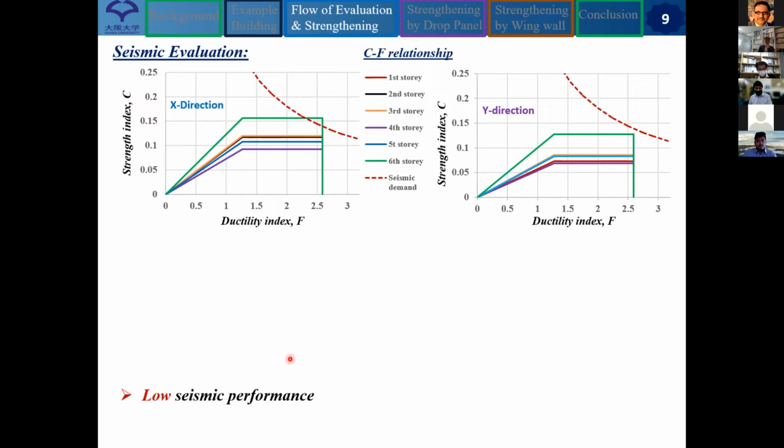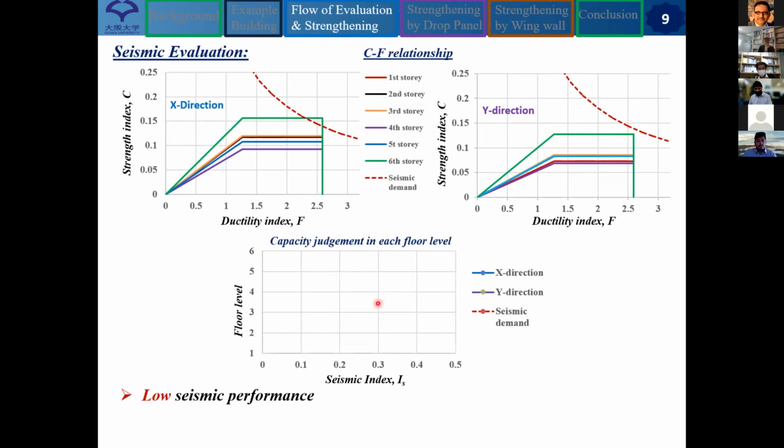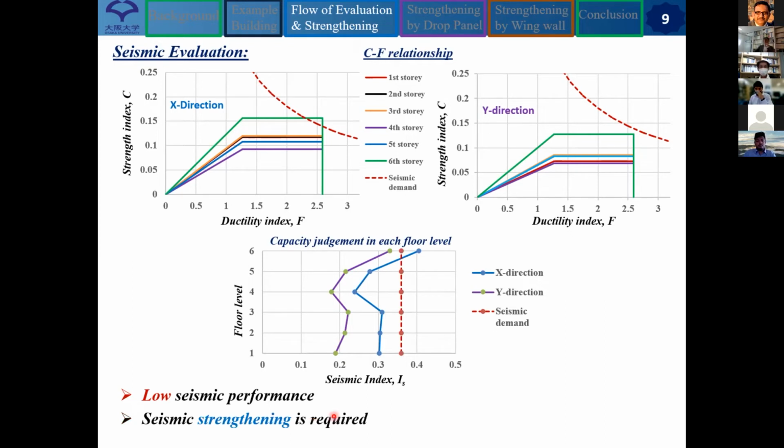That means we are seeing low seismic performance. More clearly, I am comparing each floor level with the seismic demand and the corresponding seismic Is index. This is for the X direction and this is for the Y direction, and this is the seismic demand. Here you can easily see the very low seismic performance of the existing building. That means seismic strengthening is required.